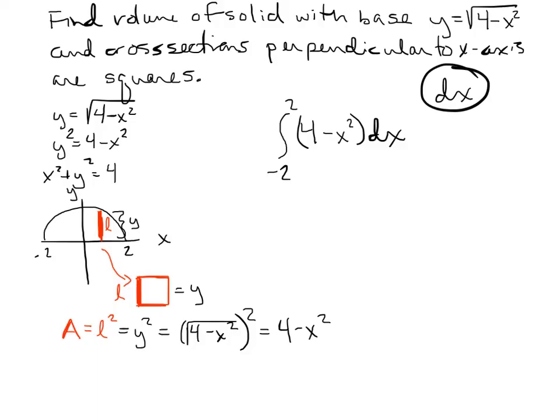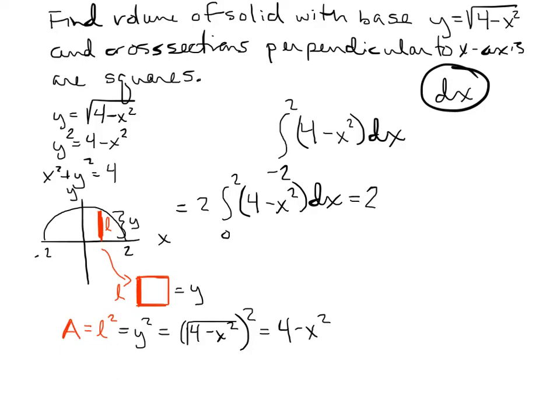Our heights are the same over both, and it looks the exact same on the left as it does the right. So I could change this integral and maybe make my life a little bit easier by taking 2 times the integral from 0 to 2 of 4 minus x squared dx. You don't have to do that, but I like to plug in 0 instead of negative 2.